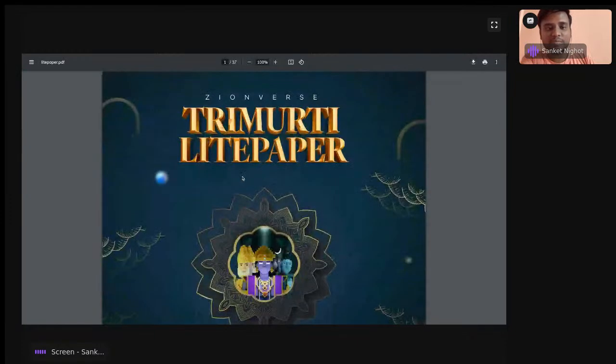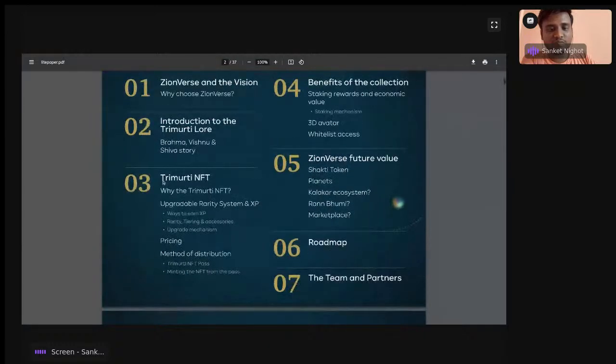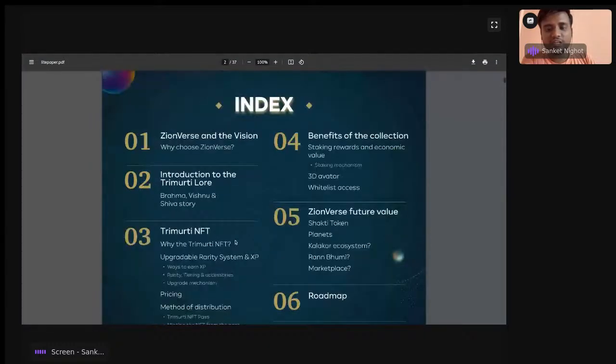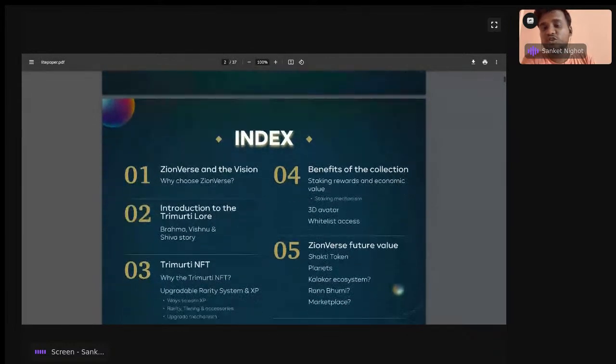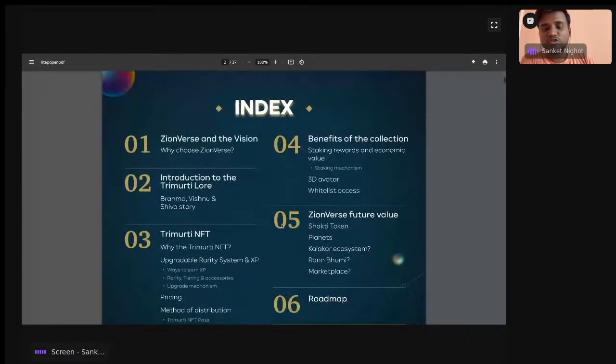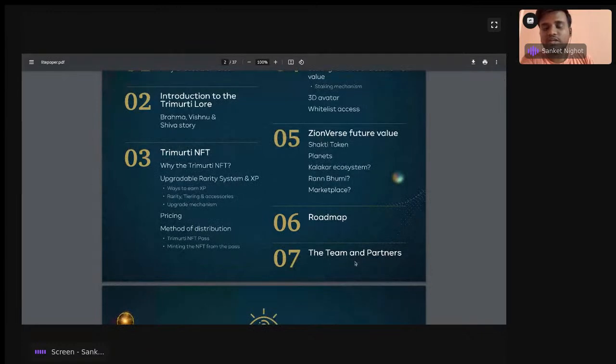In this light paper, you can see everything they offer: the index, their vision, introduction to the Trimurti lore, what Trimurti NFTs are, the benefits of the collection, what benefits you will get from it, the future of Zynovus, what value they provide to you, their roadmap, the team and partners. Everything they have listed.